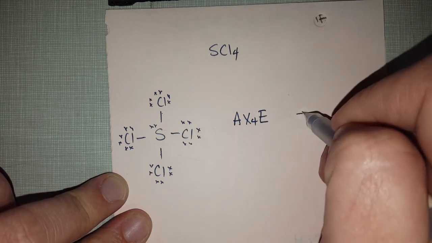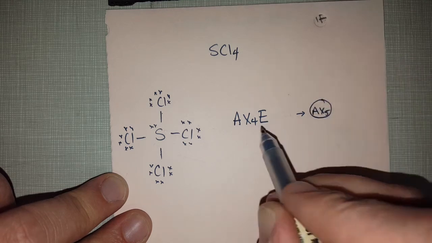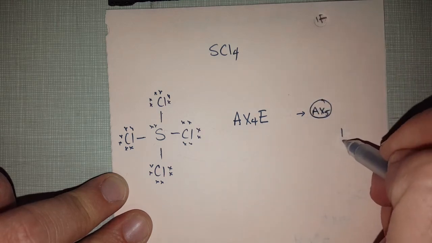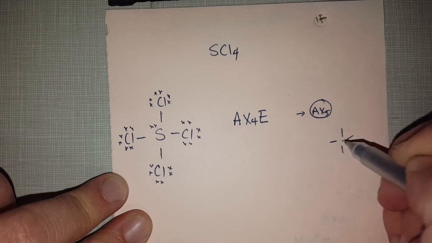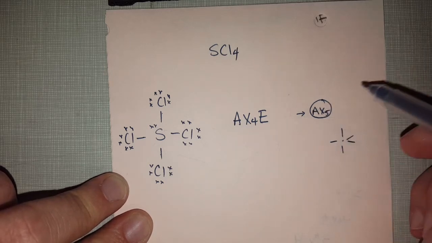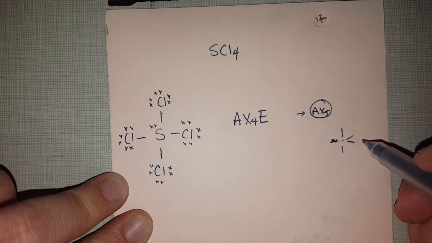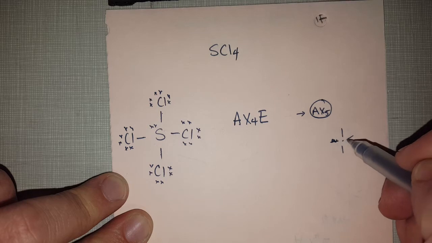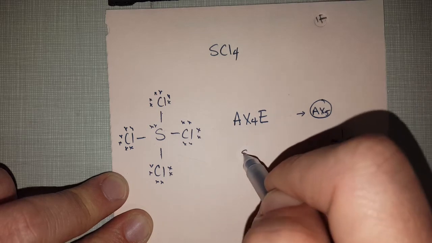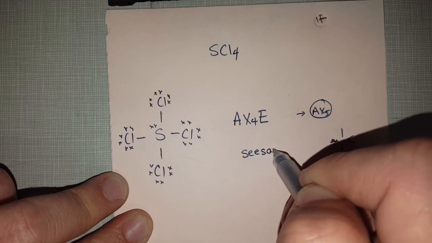So this is really similar to having 5 electron groups around our central atom, except one of them is replaced with a lone pair. If we have 5 electron groups, we know that it would be trigonal bipyramidal. One of them is going to be replaced with a lone pair, and it'll be in the plane so that it gets the maximum separation. And so as a result, it's our seesaw shape.